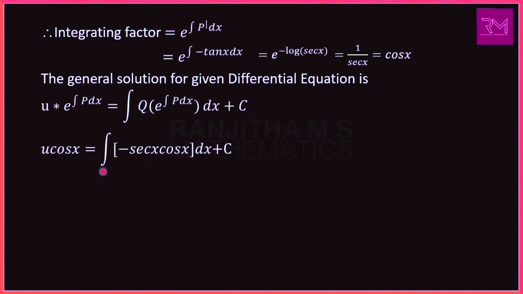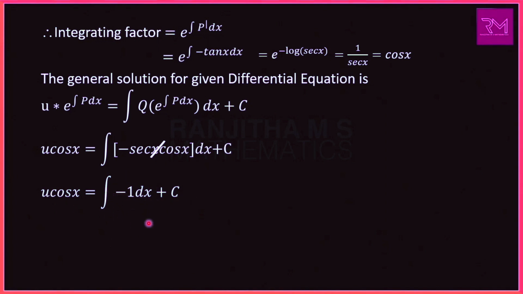Now we have to find the integral value for this. Here we observe carefully, secant x into cos x. We know that secant x can be written as 1 by cos x. Therefore, cos x gets cancelled, remaining is 1, that is minus 1. Therefore, you get u into cos x, which is equal to integral of minus 1 into dx plus c.